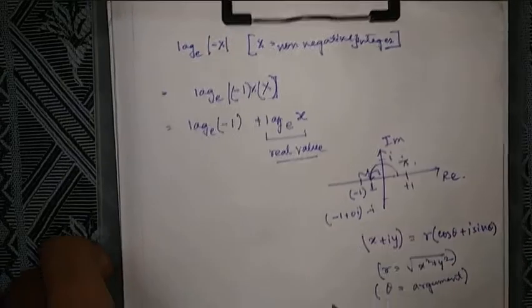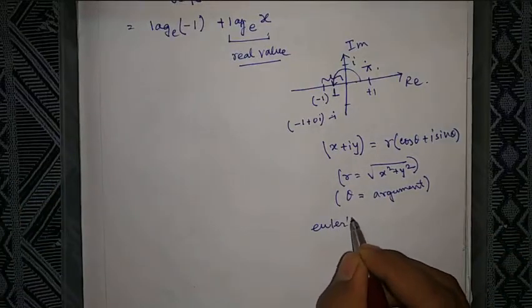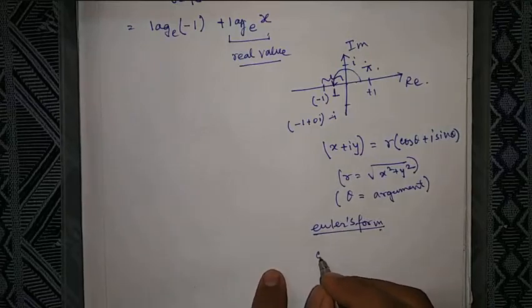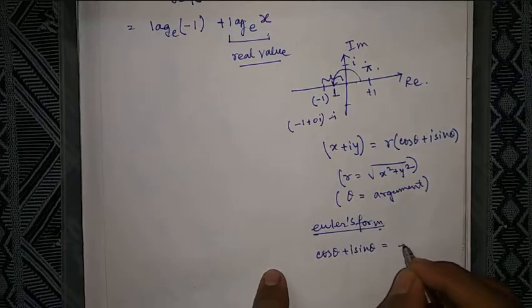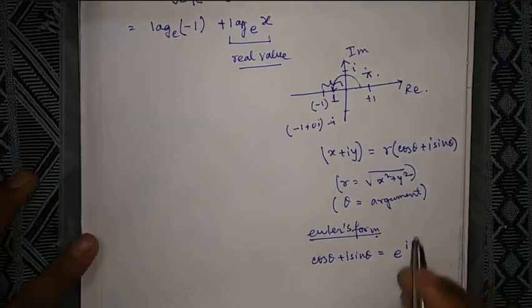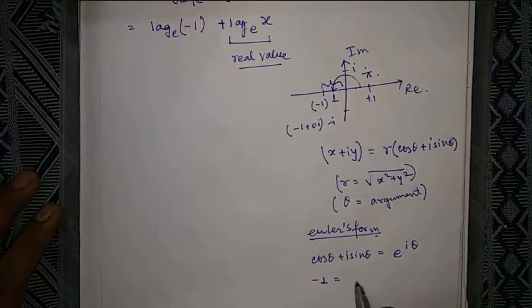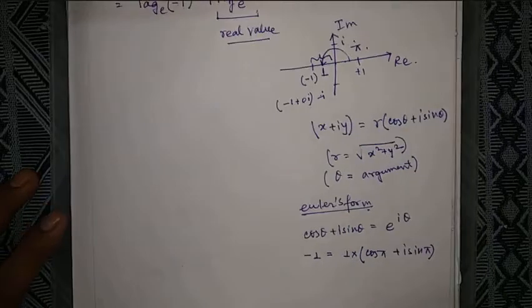So from Euler's form, any number which is cos theta plus i sin theta can be written as e to the power i theta. This is Euler's formula. So in this case, -1 can be written as 1 times cos pi plus i sin pi, which is equal to e to the power i pi.